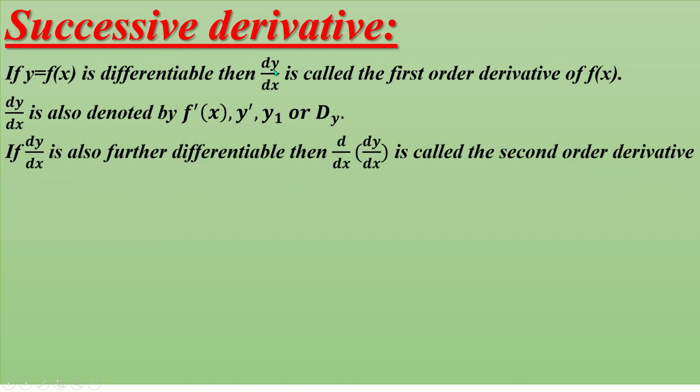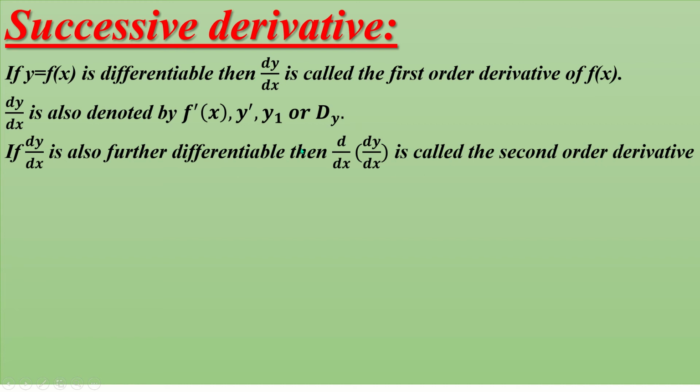again, the derivative of y with respect to x is also differentiable. That means first we differentiate y with respect to x, then we differentiate this, that means the derivative of y with respect to x is also differentiable.